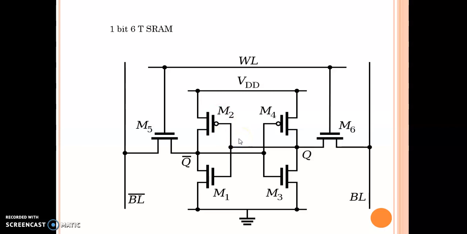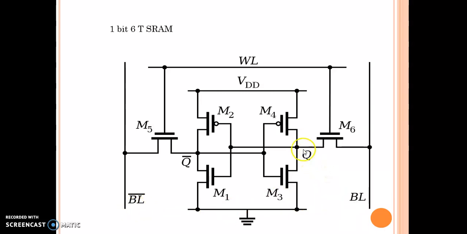So to write 1 into the memory, we have to make word line, that is WL line, active high. So when WL line is high, the MOSFET M5 and M6 become on. Now force bit line to 1 and bit bar to 0.